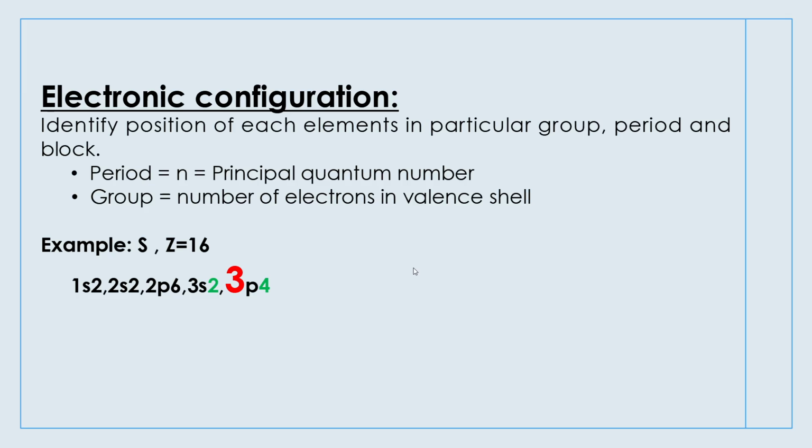So all these orbitals containing electrons, we will sum these electrons because the third energy level has 2 orbitals S and P. So the summation will give us 4 plus 2 is 6. So the period is third and the group is 6A.